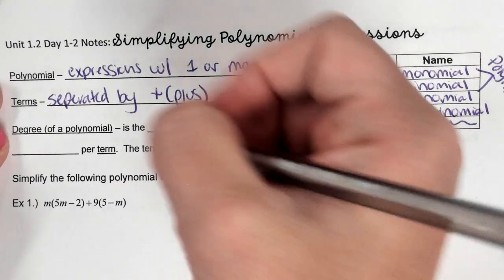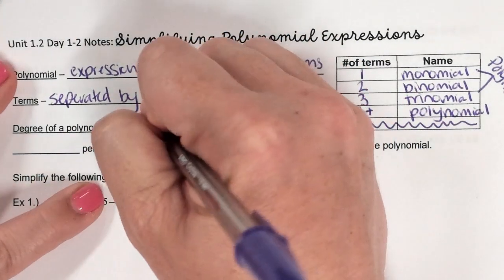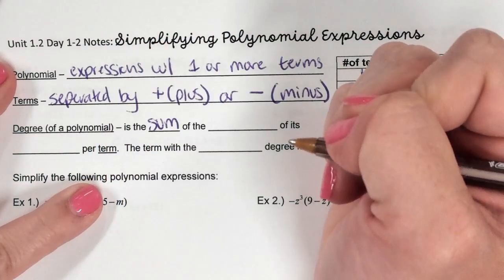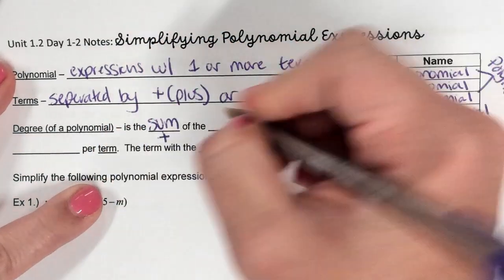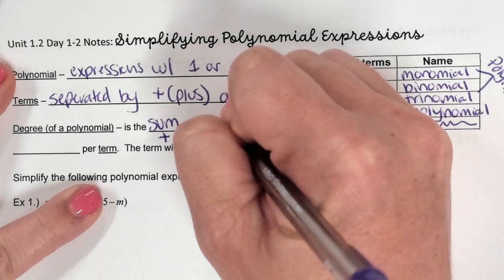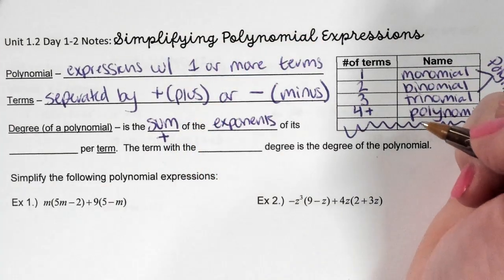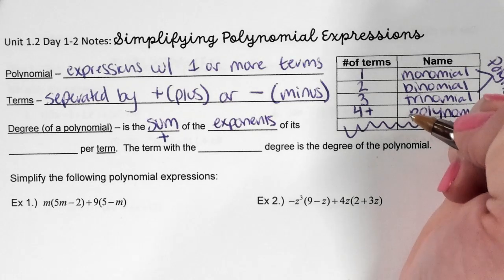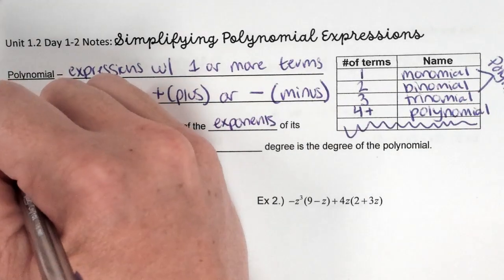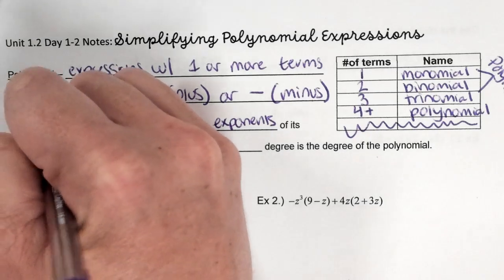Yes? So the degree of a polynomial is the sum. What's sum? Addition. Sum of the exponents. What are exponents? They're the little numbers, right? The little numbers up top. Yep. Of its variables. What are variables?